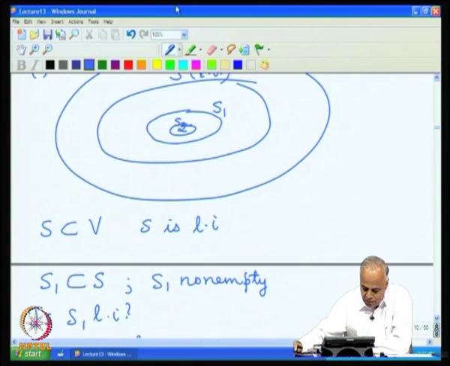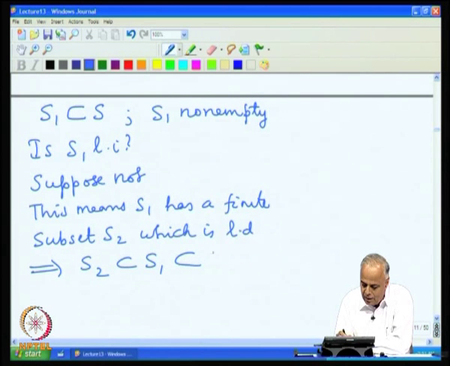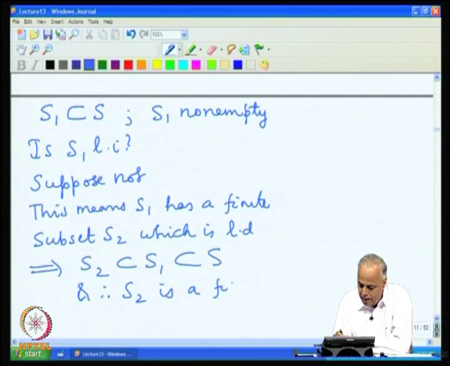So, this implies S2 is contained in S1 is contained in S, and therefore, S2 is a finite linearly dependent subset of S.